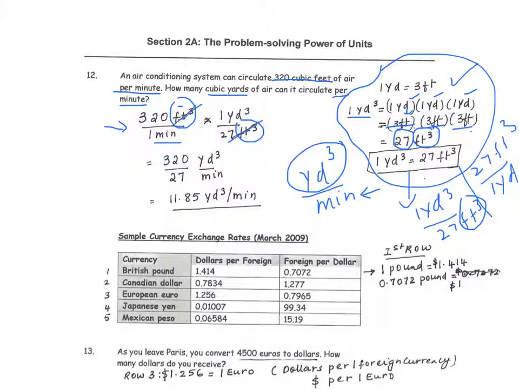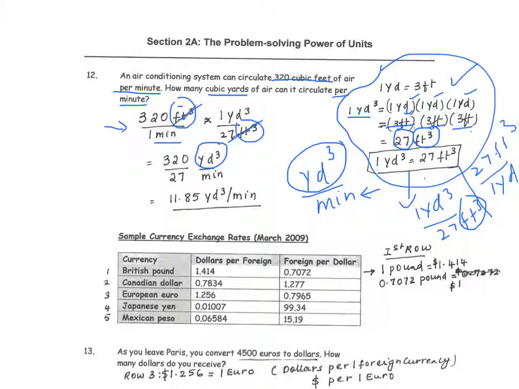So we multiply with 1 cubic yard over 27 cubic feet. The cubic feet get cancelled and the cubic yards remain in the numerator, and that's exactly what we wanted.